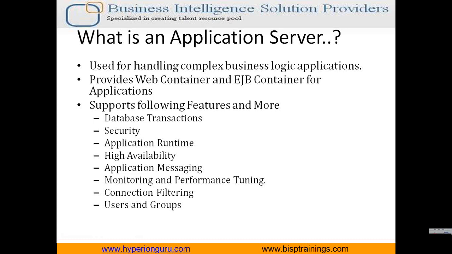Those things are handled by business logic applications, and they are deployed over the application servers. The applications are run and maintained by those application servers. We will see a demo of how exactly the application server works.